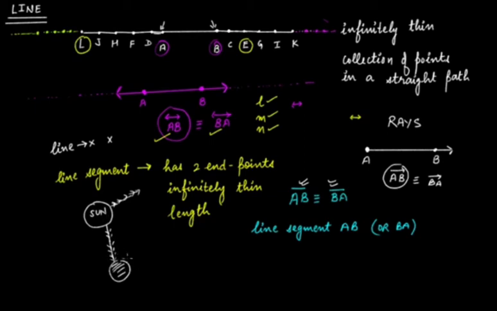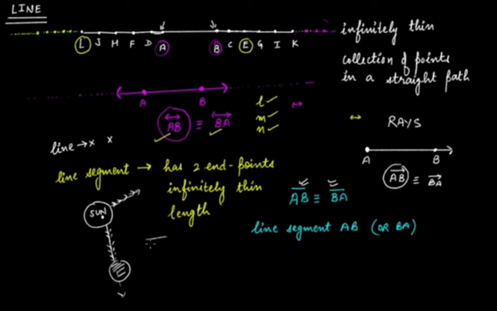Because it can be clearly seen that it has a starting point here, but it will go infinitely. It will have no end. It will go to earth and to Mars and like that, because light can travel infinitely, right? So you can think of it as a ray, that is, sunbeams or rays.